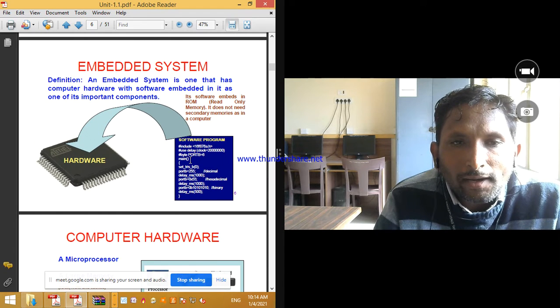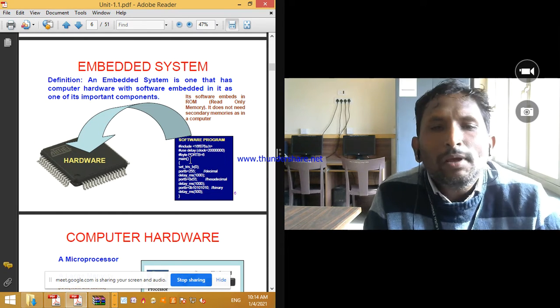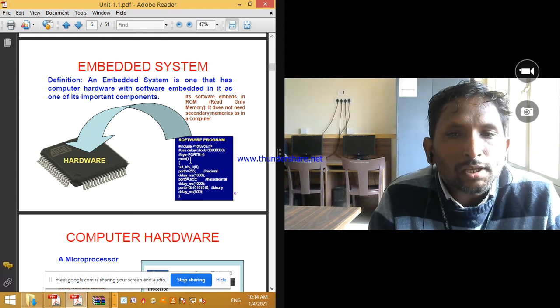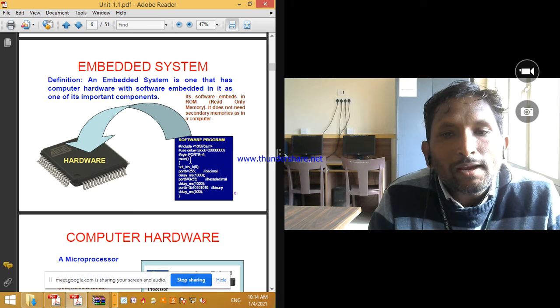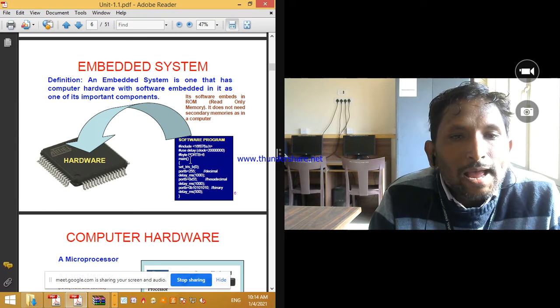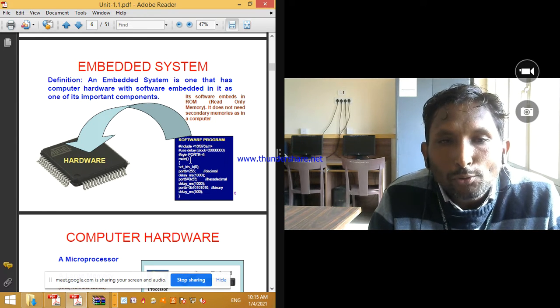I am going to repeat it. The definition given in our PDF: an embedded system is one that has computer hardware with software embedded in it as one of its important components.